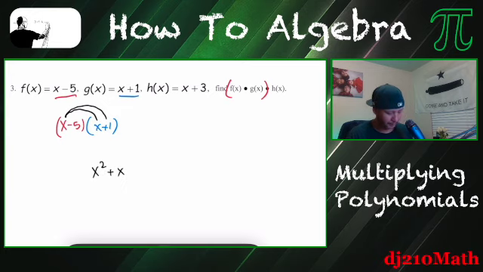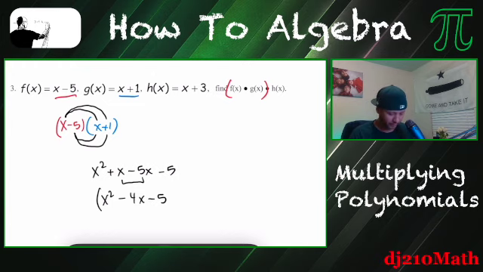You don't necessarily need to put the 1x, right? It's implied. Negative 5x, negative 5. All right, combining the like terms. It's going to be the middle ones. So x squared minus 4x minus 5, right? Because 1x minus 5x is negative 4x.